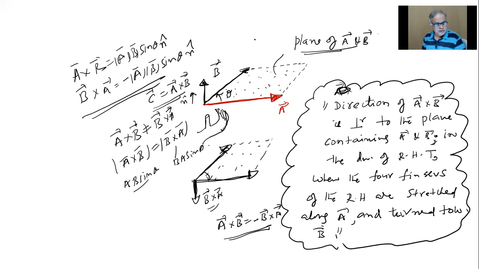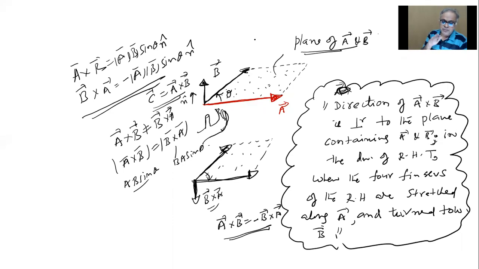So tell me, children. This demands your better attention as compared to A bar dot B bar. Why? A bar dot B bar is mod A mod B cos theta, a number. It's not a vector. But this is a vector. So which direction? How much magnitude?